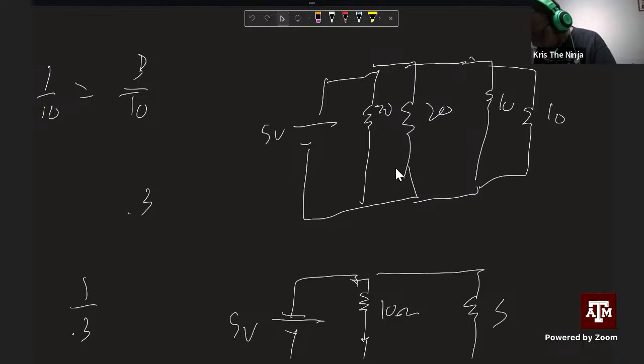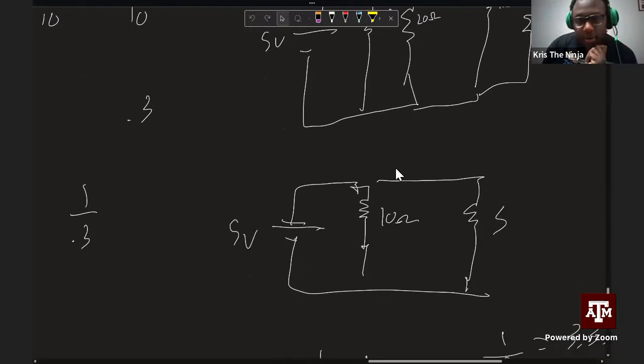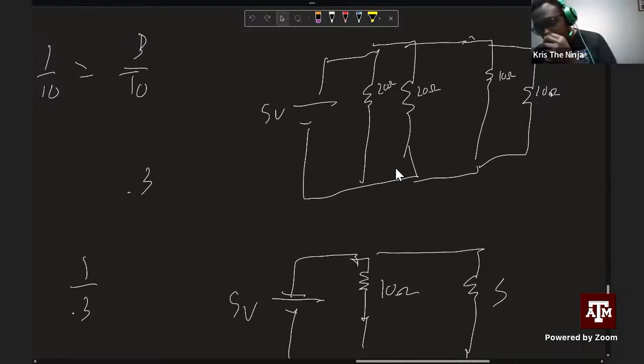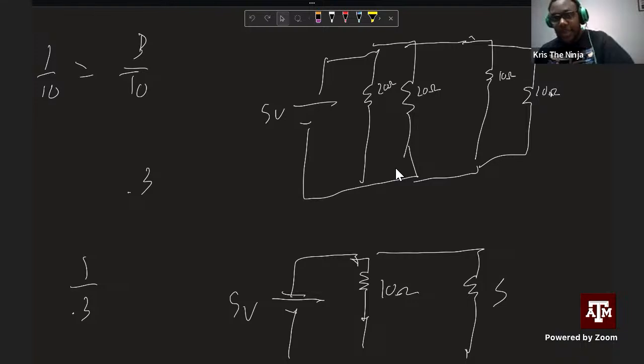So you have 20, 20, 10, and 10. The ones that are the same can add together, but the ones that are not the same cannot.